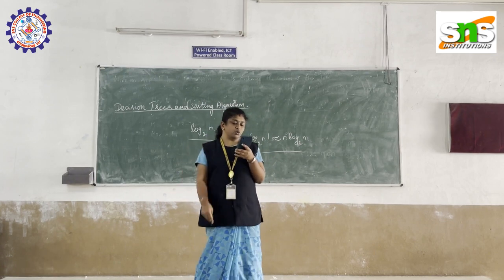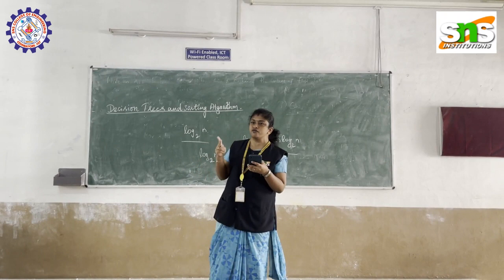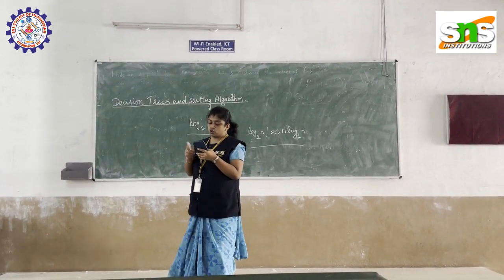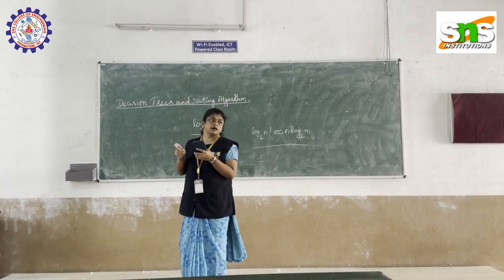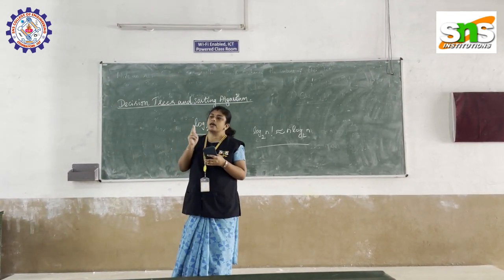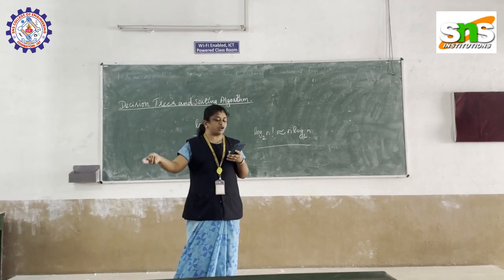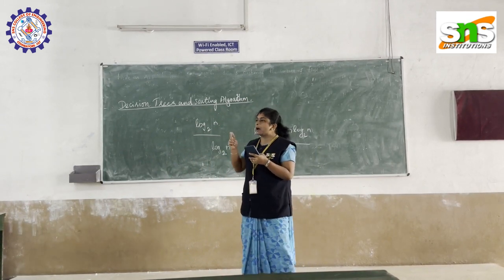So example 2 is merging two sorted lists of size n. That is a1 less than a2 less than a3 up to an, and b1 less than b2 less than b3 up to bn.